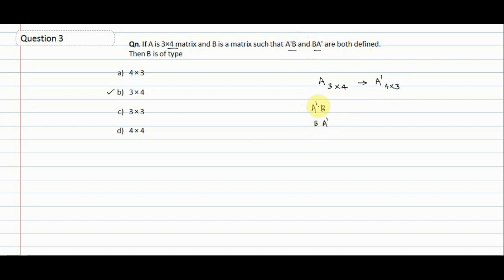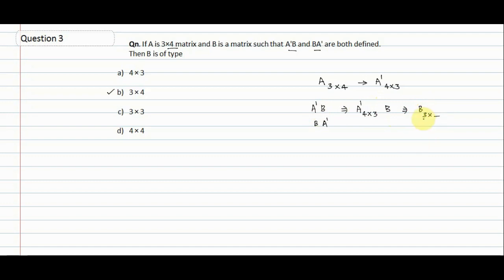So A transpose B exists means the matrix A transpose having an order of 4 by 3 can be multiplied with a matrix B. Now the order of B is unknown to us, but it is said that A dash can be multiplied with B. That means B will have an order of 3 by something.